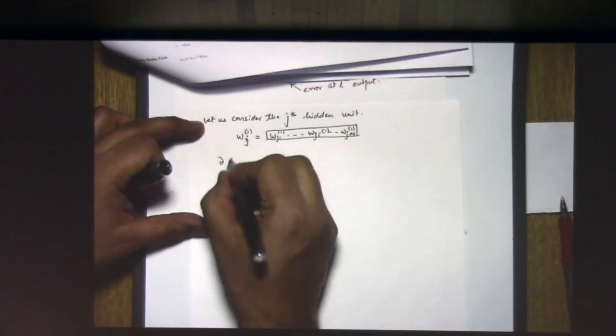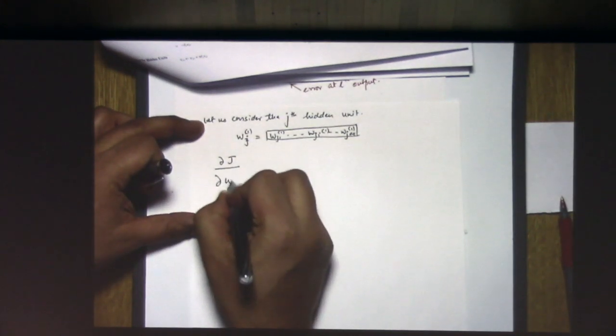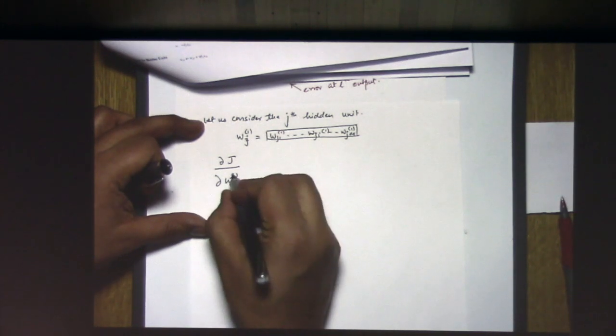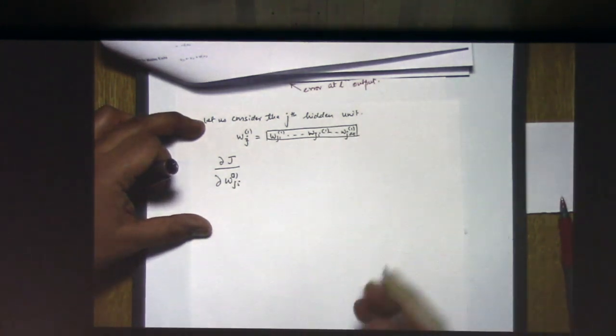Okay. So now we need to compute the derivative of the error with respect to Vji, any one entry here.